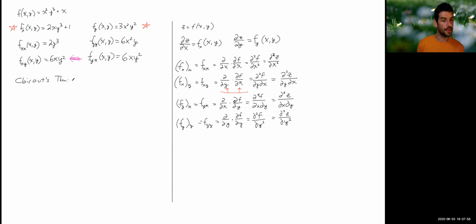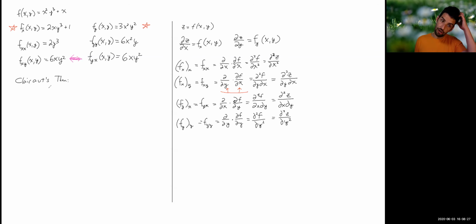It essentially states that if the mixed partial derivatives, meaning the one in the direction of x and then y, and the one with partial with respect to y, partial with respect to x, if they exist and are continuous, they're always going to be equal, right? And it's not hard to find functions where this is not the case, but it's not typical.